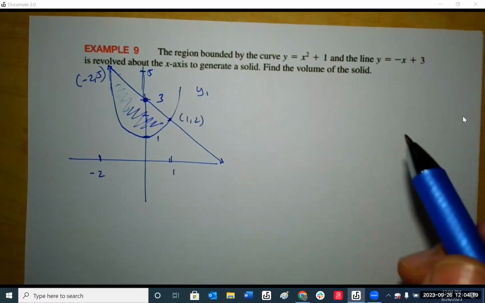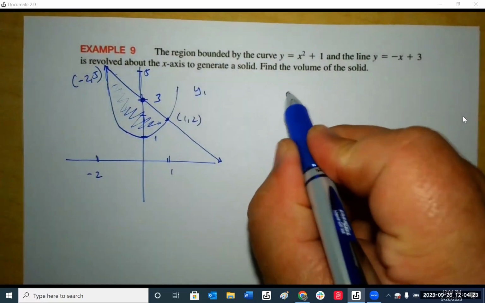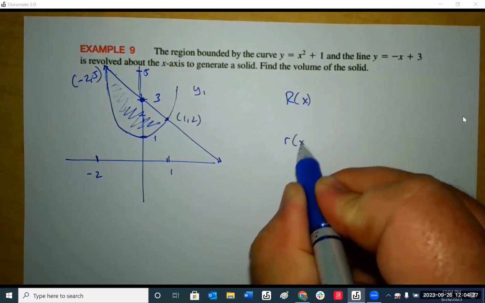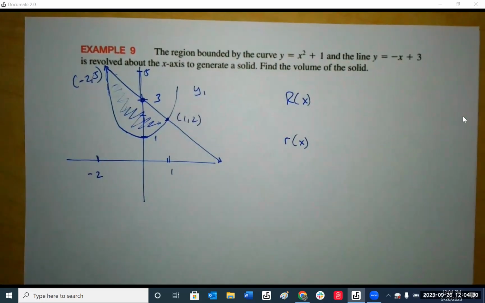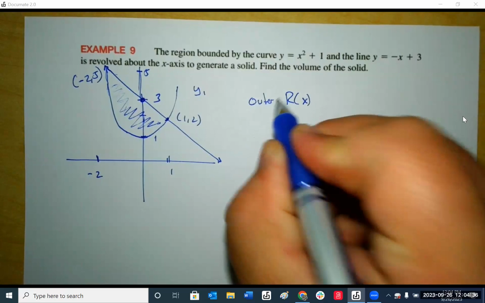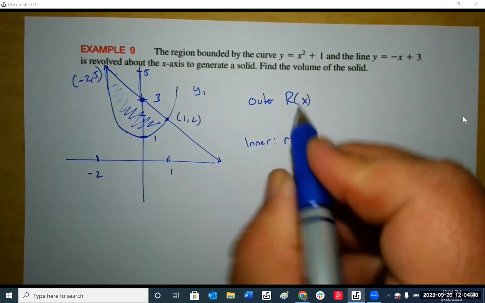Okay, so what do we have so far? We drew the picture. We have to have two functions, the outer and the inner. The bigger one's the outer, and the smaller one's the inner.